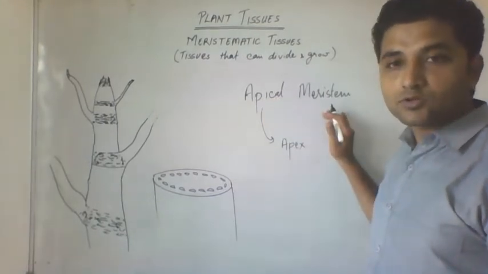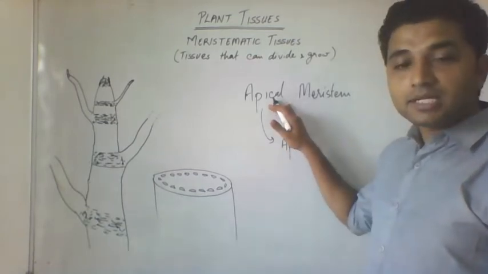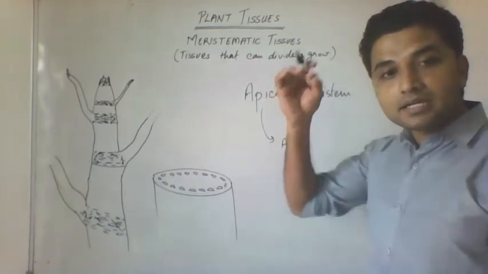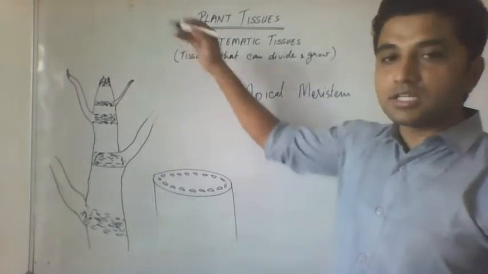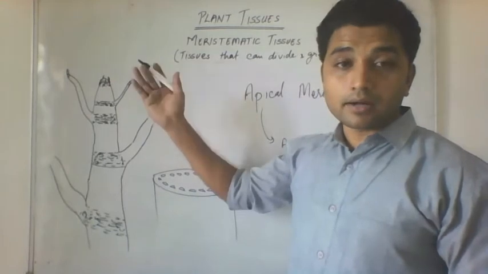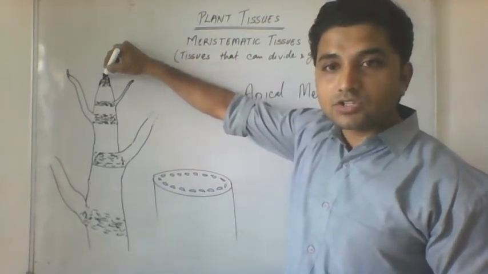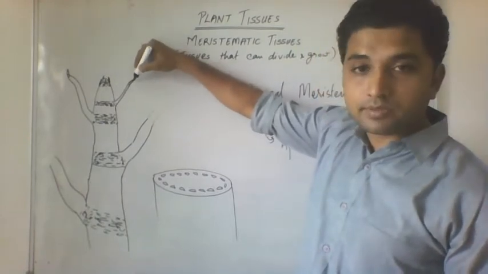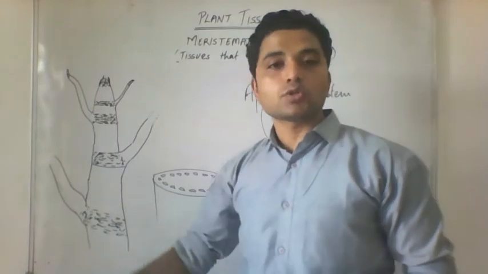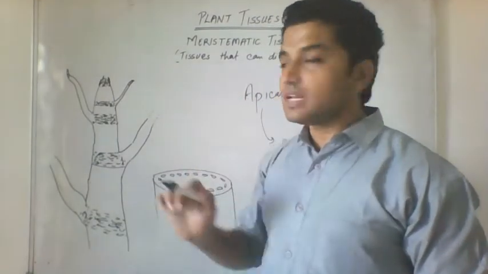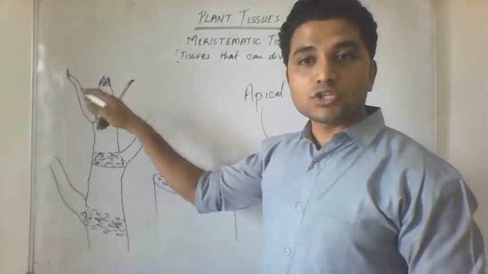Meristem is the meristematic tissues that can show cell division, and apical means tissues present at the tips that are showing cell division. So here you see this, consider this to be a plant. This is the tip, and not only this tip, even these tips, and even the tips of the roots, will have meristematic tissues.